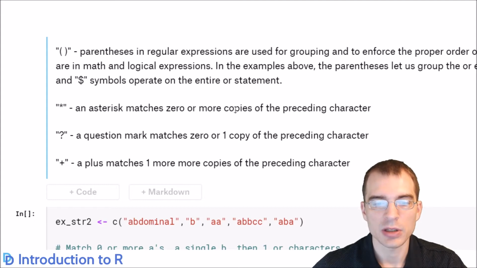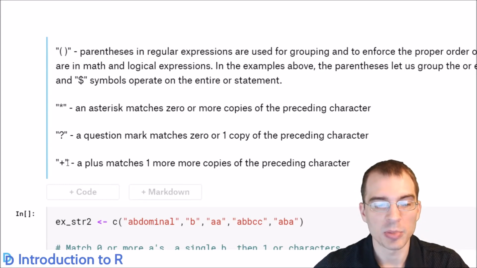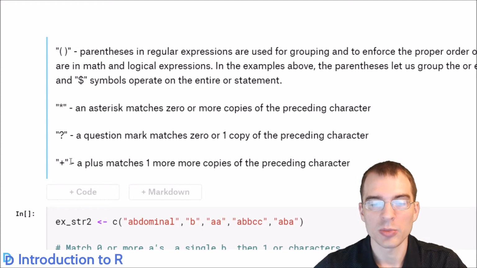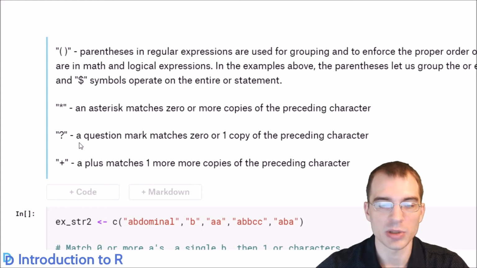A question mark will match 0 or 1 copy of a preceding character, but not unlimited copies. And a plus sign will match 1 or more copies of a preceding character. So there at least has to be 1 when you're using a plus sign.